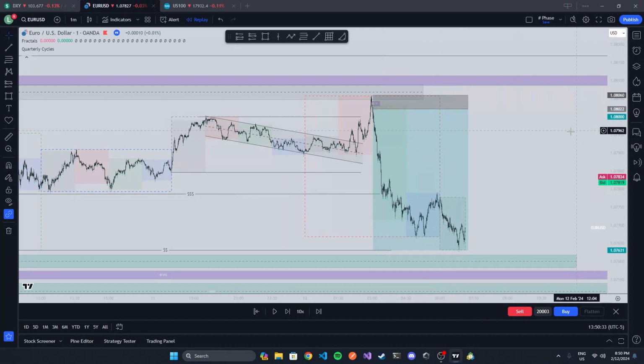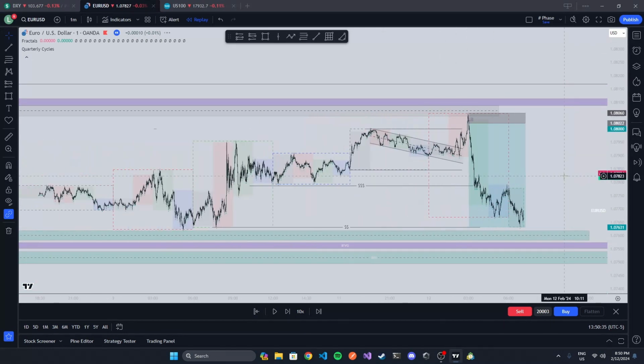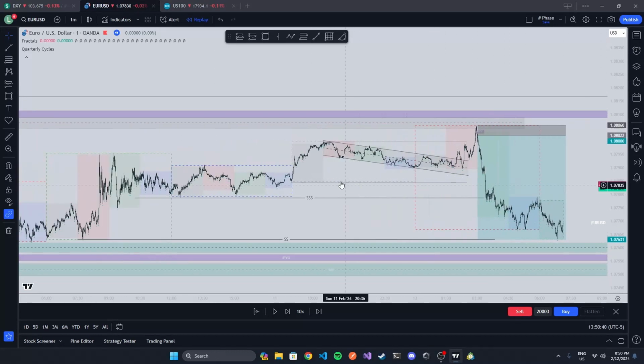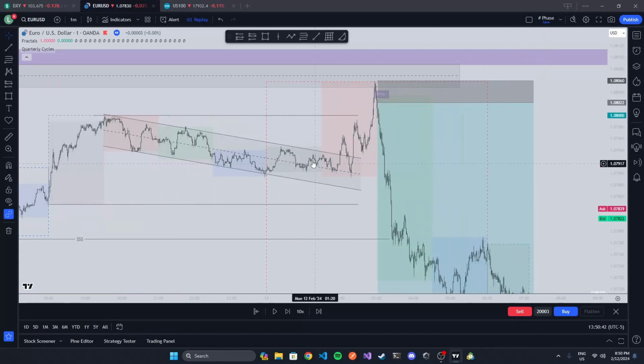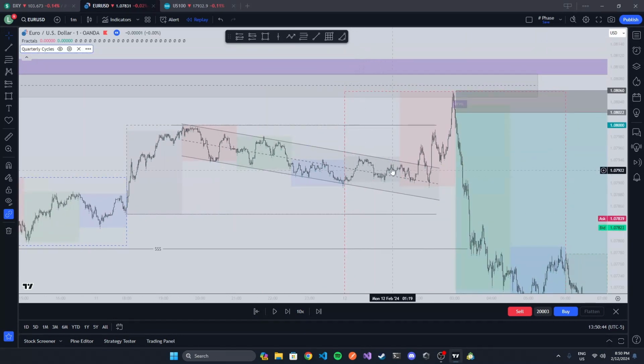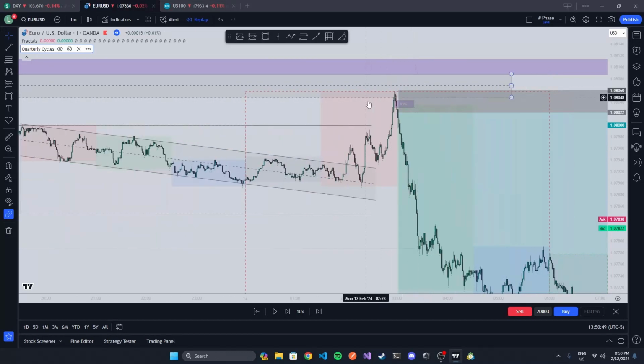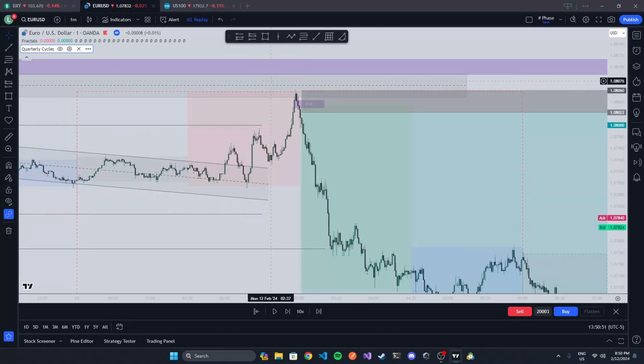This would pass you almost most prop firm challenges, and it's just based around the idea that price would accumulate. This is a beautiful example. Price accumulated and then manipulated upwards into a time-based PD array, like an order block, a breaker block, a fair value gap, and then you'd like to see displacement in the opposite direction.